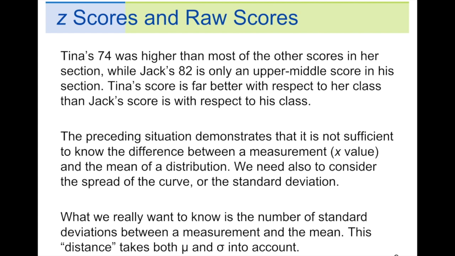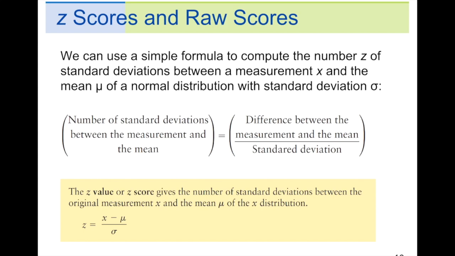What we really want to know is the number of standard deviations between a measurement and the mean. This distance takes both mu and sigma into account. We can use a simple formula to compute the number z of standard deviations between a measurement x and the mean mu of a normal distribution with standard deviation sigma.